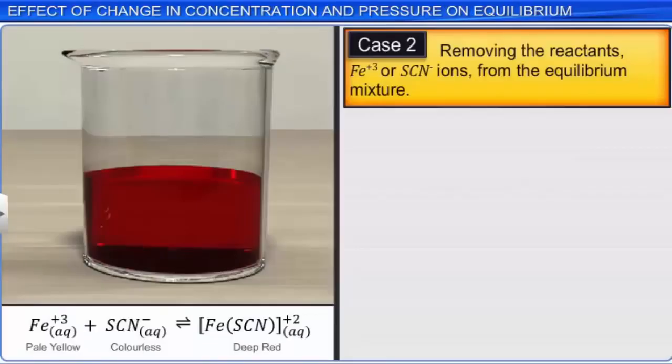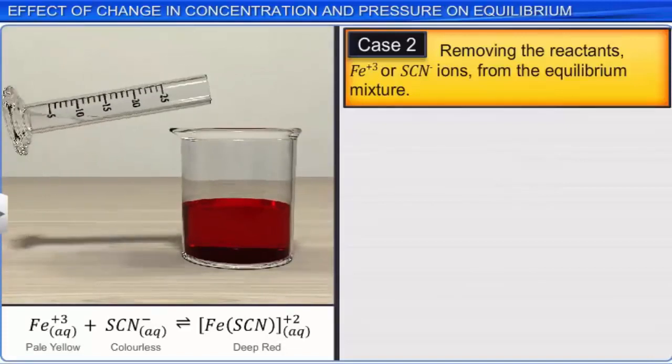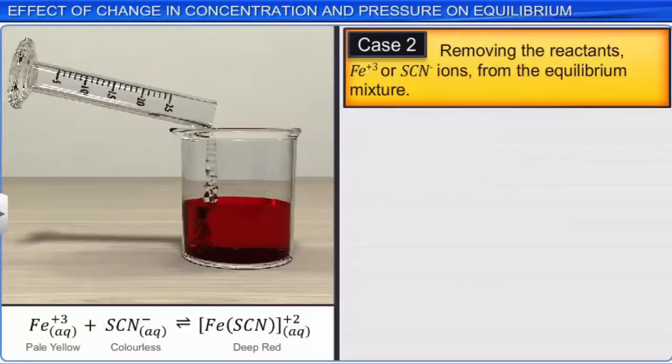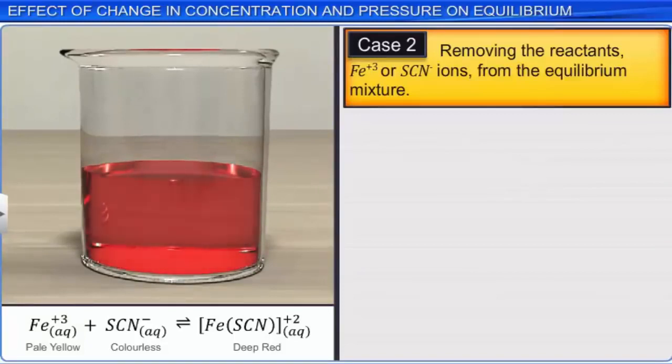Case 2. Removing the reactants Fe+3 or SCN- ions from the equilibrium mixture. Now, suppose you add a few ml of oxalic acid to the reaction mixture at equilibrium. You can see that the intensity of the red color of the solution decreases and the solution turns pale.